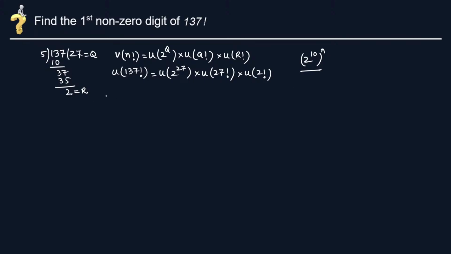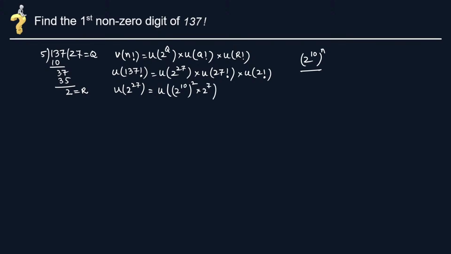I have to find the first non-zero digit of 2 to the power 27. So what I am writing here is 2 to the power 27 can be written as 2 to the power 10 whole square into 2 to the power 7.